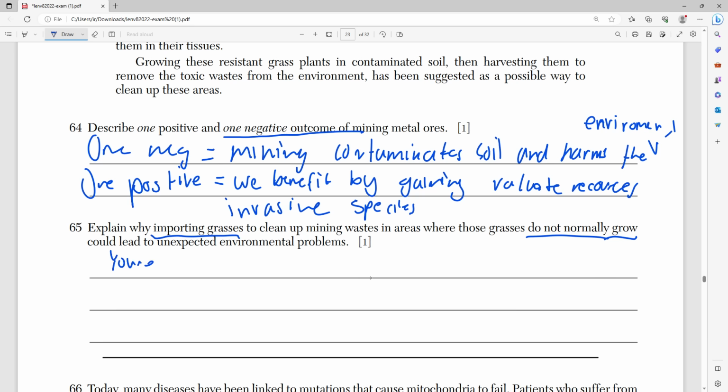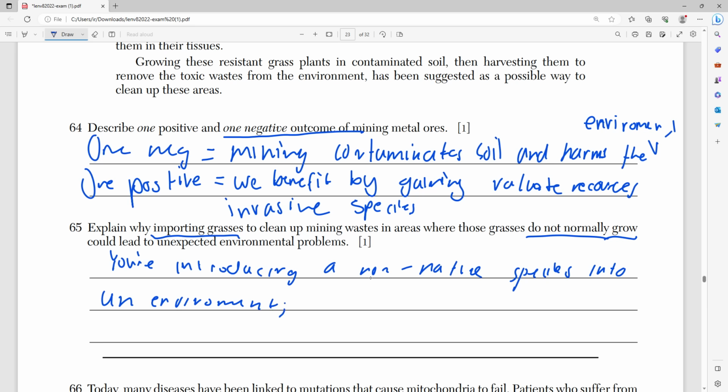You were introducing a non-native species into an environment where it can become invasive, right?